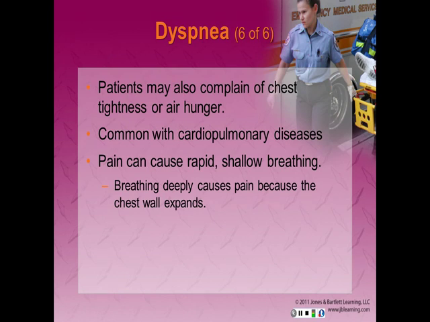Congestive heart failure causes the heart to pump inefficiently and deprives the body of oxygen. And pulmonary edema is a condition associated with congestive heart failure. Severe pain can cause a patient to experience rapid shallow breathing without the presence of a primary pulmonary dysfunction. And in some patients, breathing deeply causes pain because it causes expansion of the chest wall.